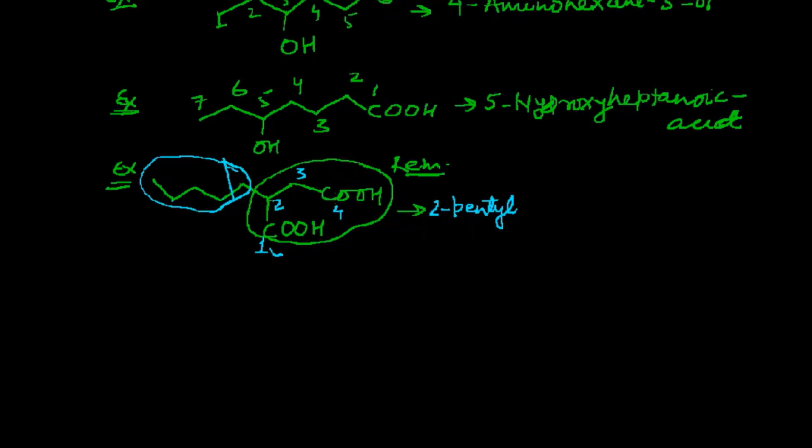It is 2. Therefore we write 1, 2, 3, 4, 4 carbons, so it is butane 1,4-dioic acid. So this is 2-pentylbutane-1,4-dioic acid. We'll take up some more examples in the next lecture, and that will conclude our session on nomenclature.